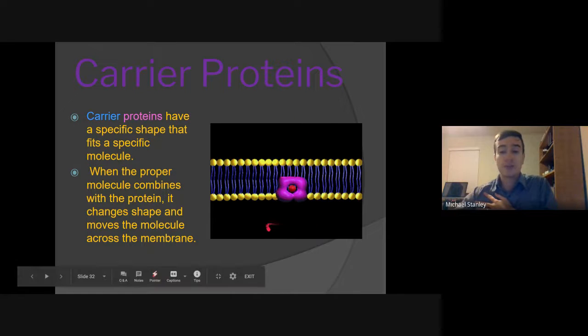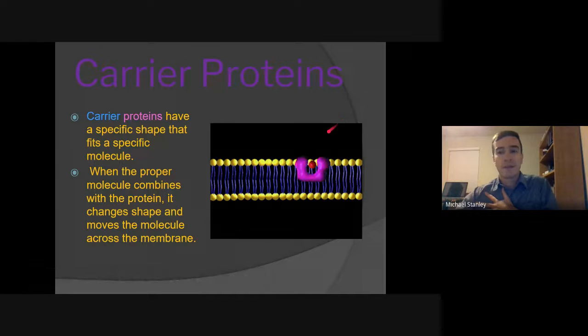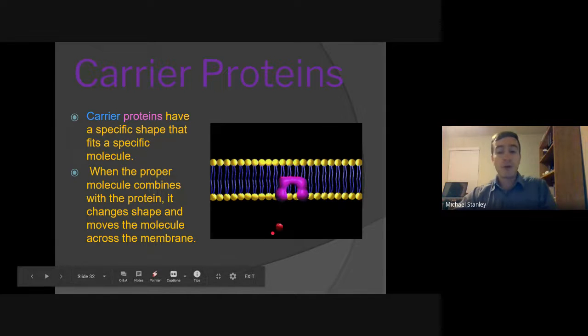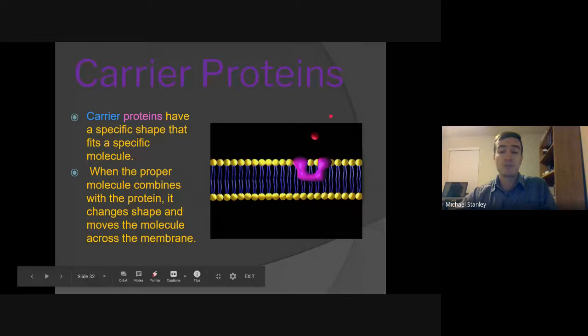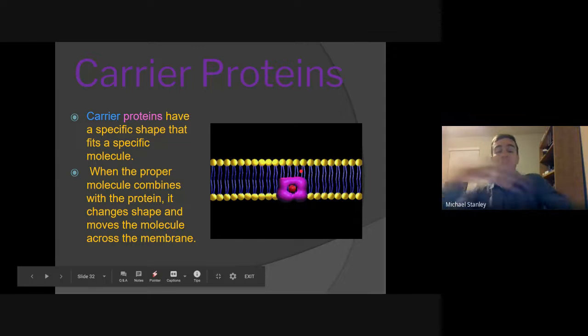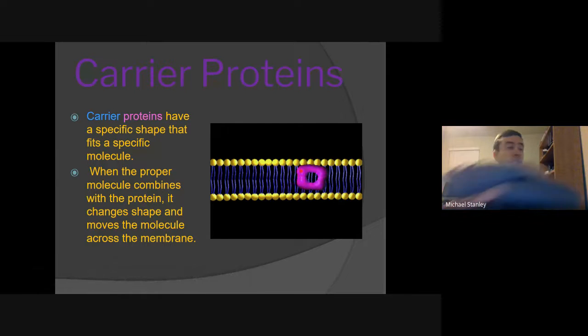In this case, we can't really see it, but we can assume that there's a high concentration of red particles down here and a low concentration of red particles up here. So this red particle is naturally going to want to transfer across to this side, and the carrier protein is going to basically envelop it in a hug and carry it and release it on the other side.